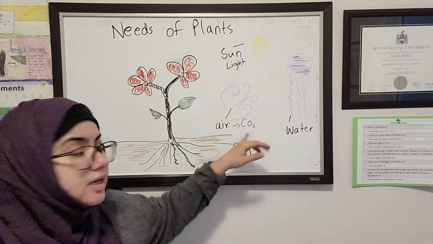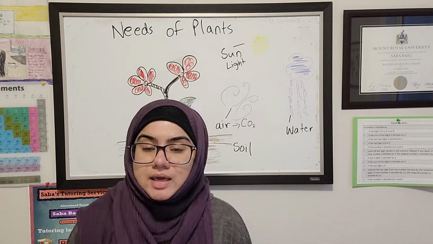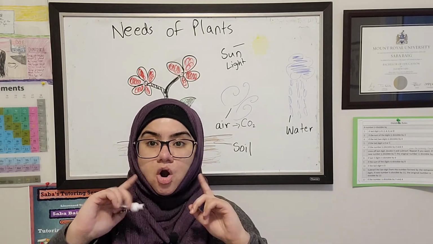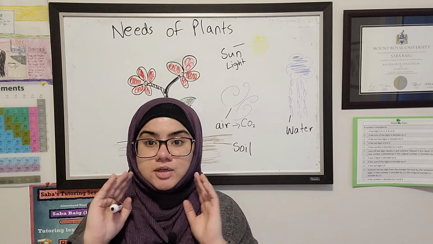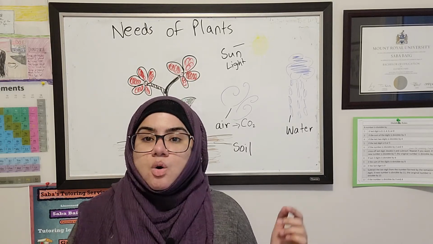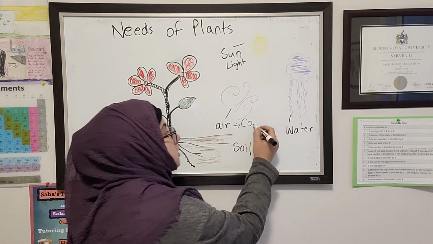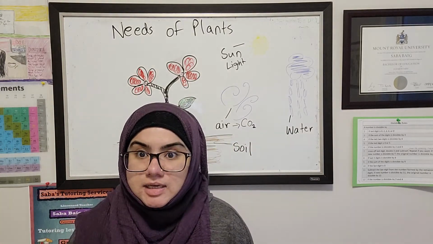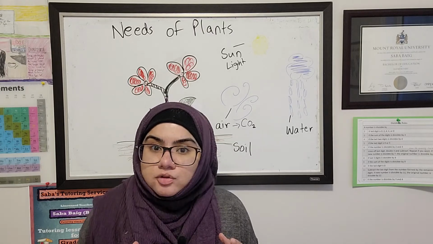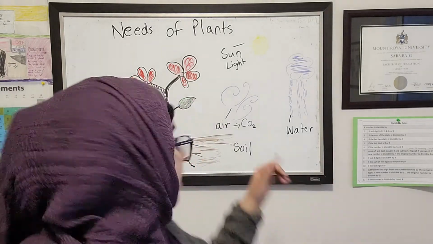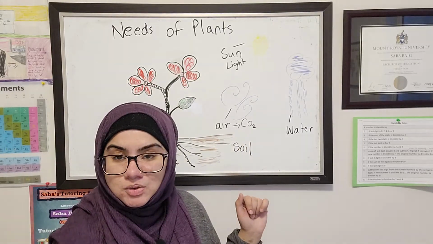So what's happening is, we humans, when we're taking air in, we are taking oxygen, and when we are exhaling, when we are breathing the air out of our mouth, that's the CO2. That's exactly the carbon dioxide, the air that plants need. So if humans are close to the plants, they're helping plants get air, that's CO2.